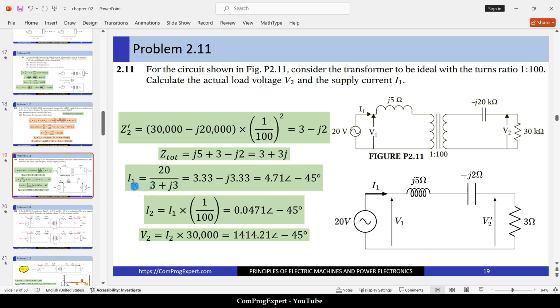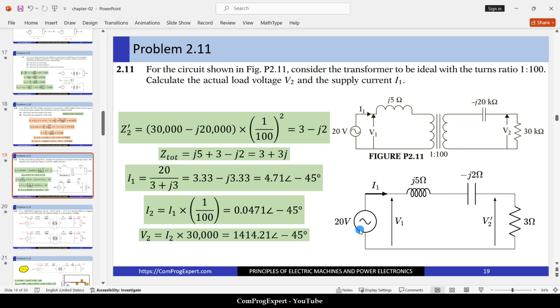I1 is equal to 20 divided by Z total, that is equal to 20 divided by 3 plus j3. So in this equation, we considered the angle of this voltage source equal to 0, right? Reference angle.